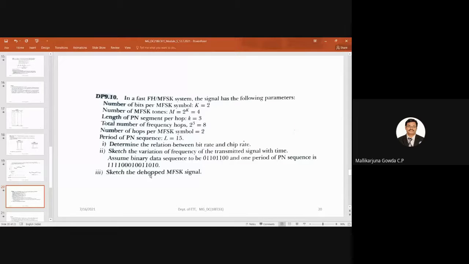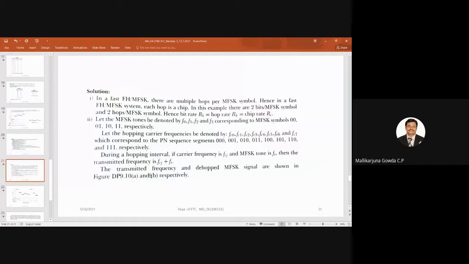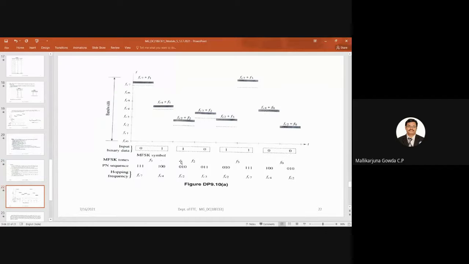So you need to do the further work. Okay. So I think looking at this diagram, we'll be able to.